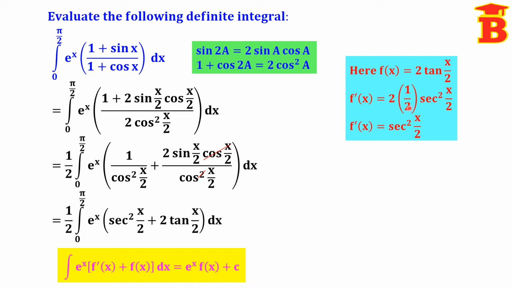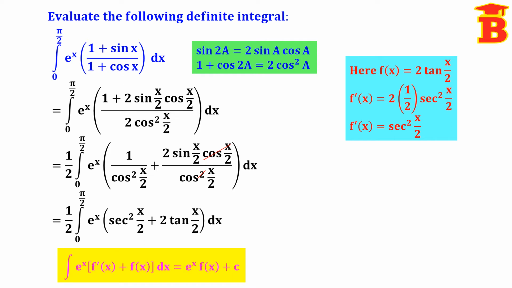This 1 by 2 is the coefficient of x. Here cancel 2, we get f dash of x equal to secant squared x by 2. So now see this integration, this first term is f dash and this second term is f of x.